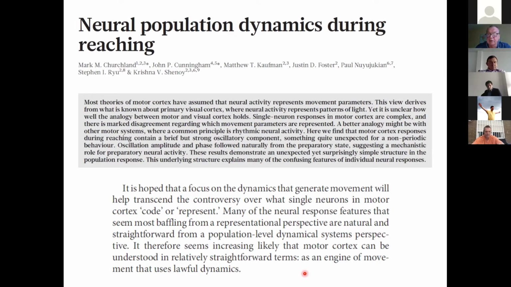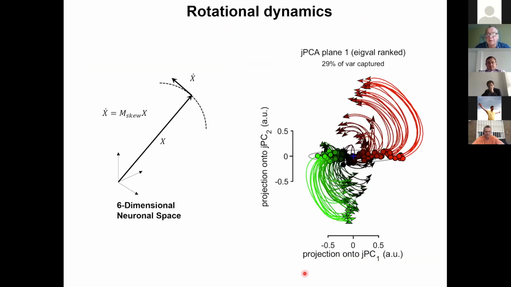They said that all previous people that talked about neuronal representations, like a neuron represents direction or a neuron represents force, this is all incorrect. Instead, you have to look at the neuronal population as a dynamical system. Which sounds like a good idea, and let's look more closely at the paper.